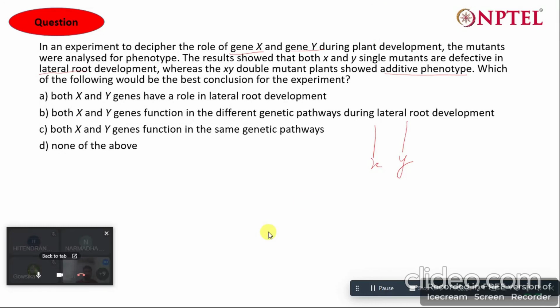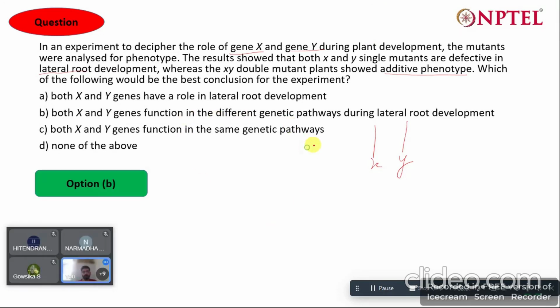Okay, so additive phenotype means that when there is mutation in both the genes, the phenotype that is observed is, like, if we are studying lateral root development, for example, one pathway is from X and the other pathway is from Y. So when both the genes are mutated, then there will be a very low amount of lateral root or no lateral root will be formed in that plant.